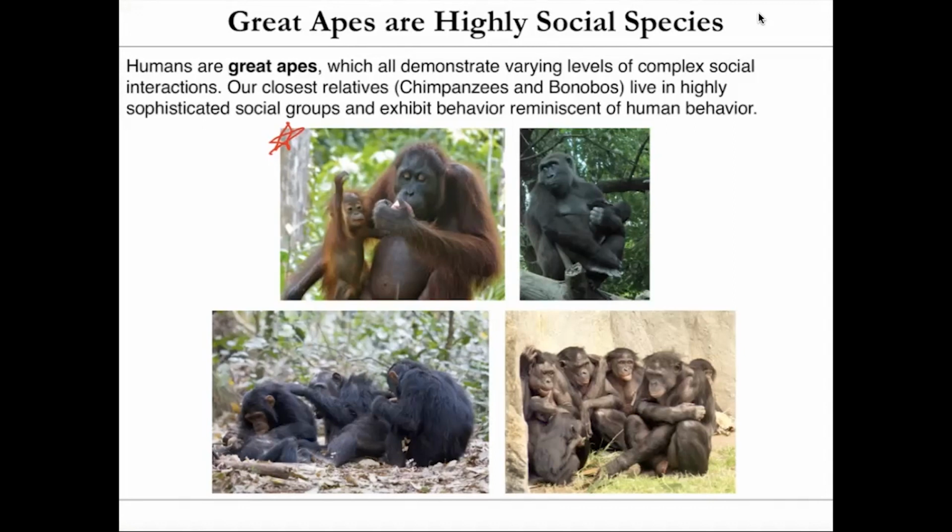Gorillas are probably the next most social, but less so than chimpanzees or bonobos. Gorillas do live in larger groups, and these will be controlled basically by a single male silverback. Although there are caveats to all of this. There may be lower ranking males in this group as well, but the silverback will basically have a harem of all the females that he mates with, and then the children that come from those matings, of course.